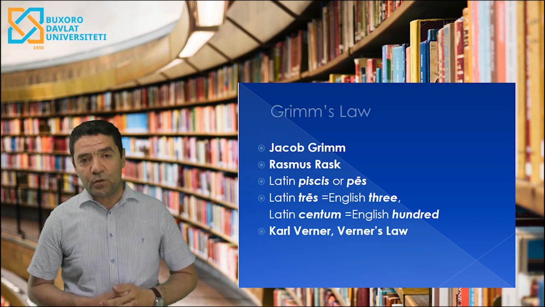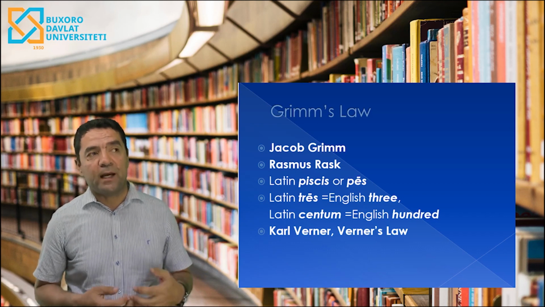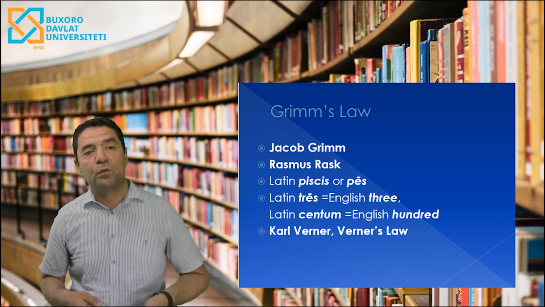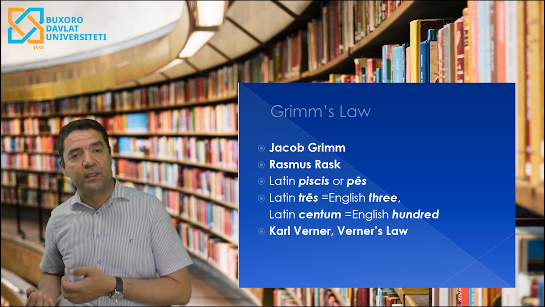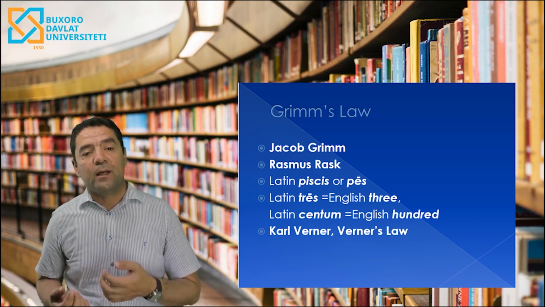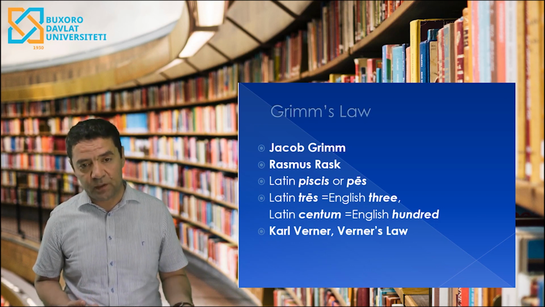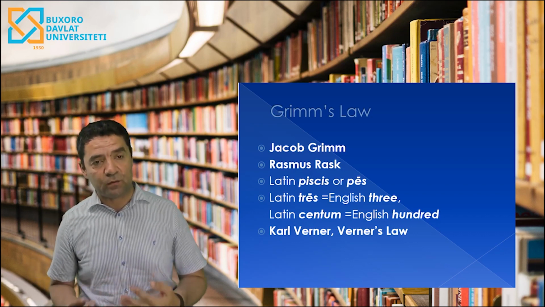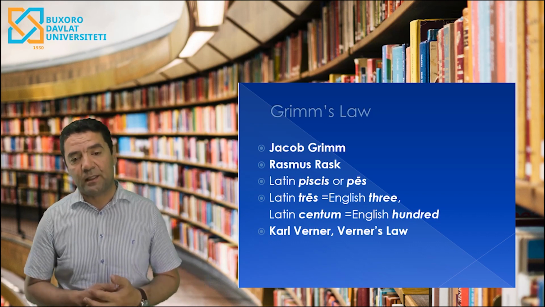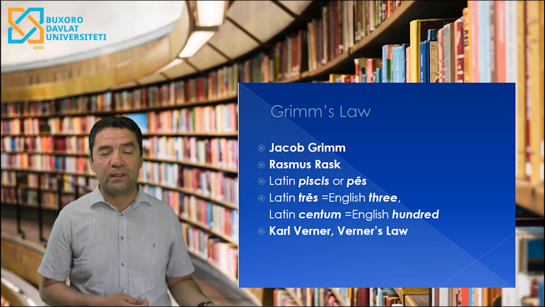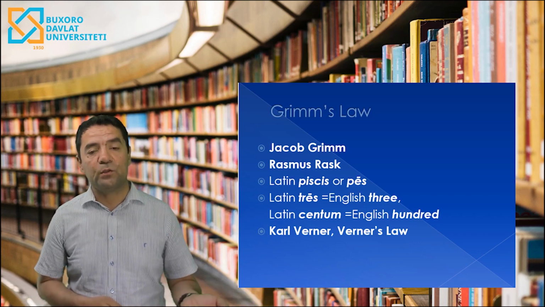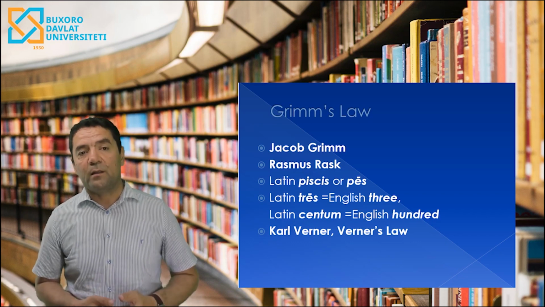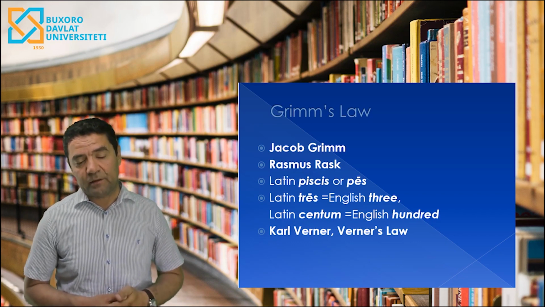And the third group includes the aspirated consonants corresponding to the consonants without aspiration. That is, B, D, G of Indo-European, that is Sanskrit, correspond to B, D, G without aspiration in Germanic languages. An example for that is Bhratar into brother in Germanic languages.